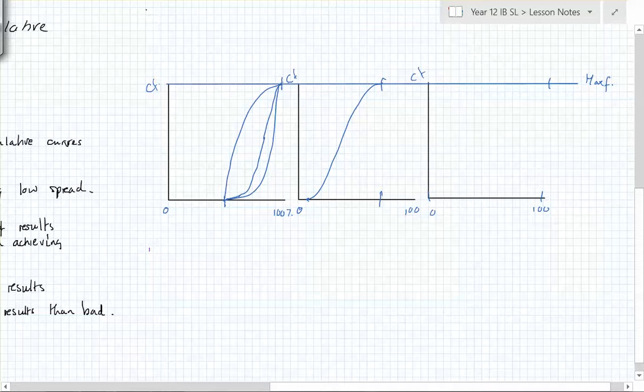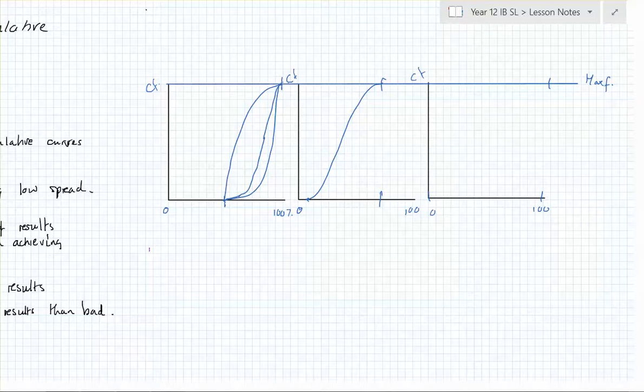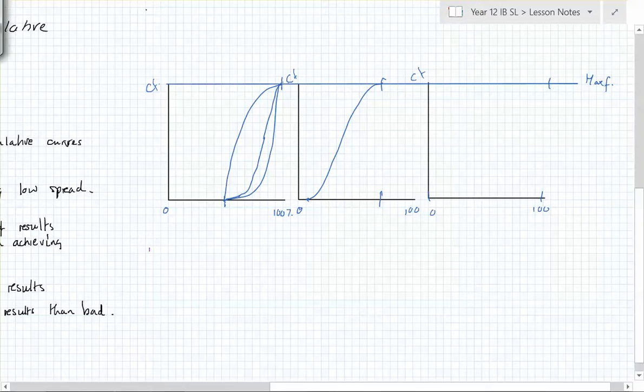And we want slightly better results than worse results. So how do we show that? At the end. So the beginning needs to be quite flat, a bit of a tail up, and then we go up.